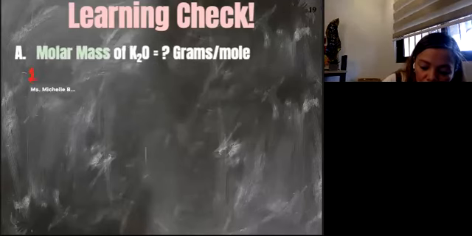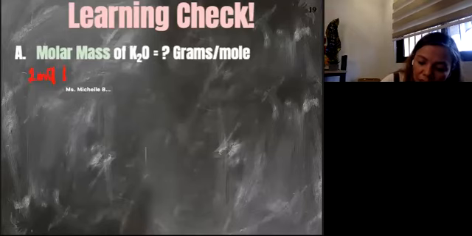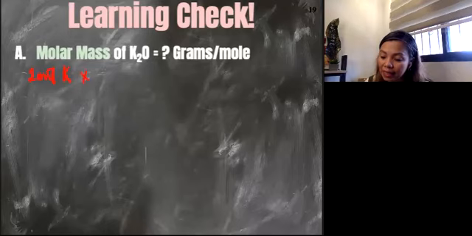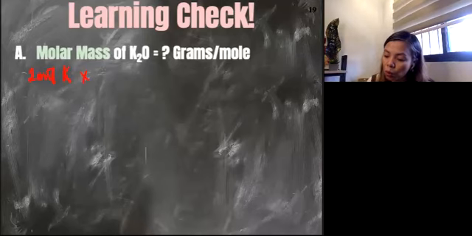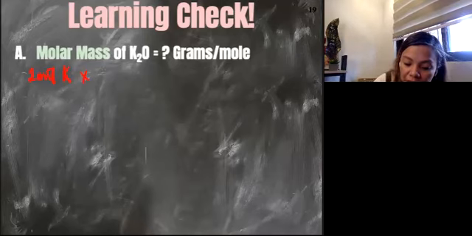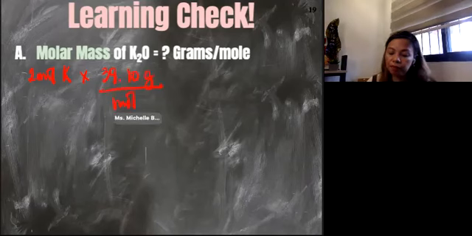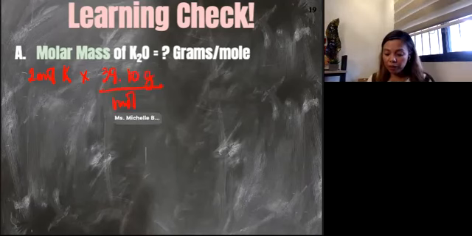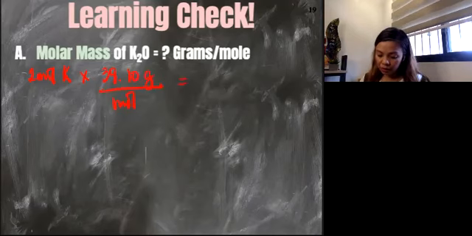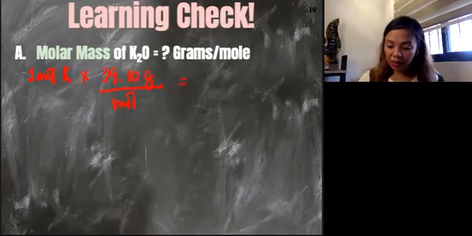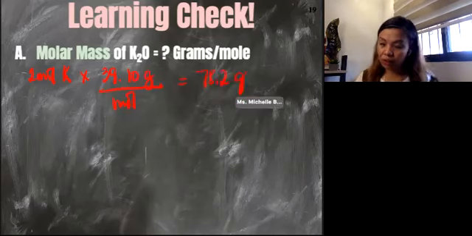We have here 2 moles of potassium, times the molar mass of potassium, which is 39.098, so we will have 39.10 grams per mole. Then we multiply it: 2 times 39.10, so that is 78.2 grams.